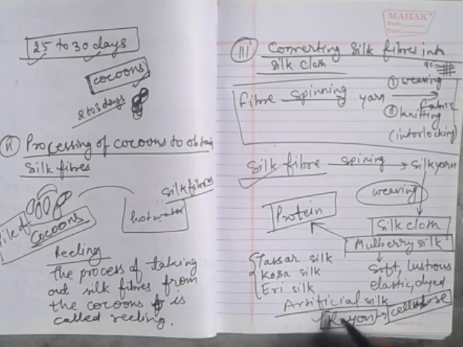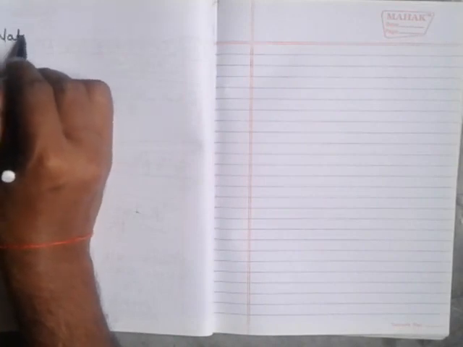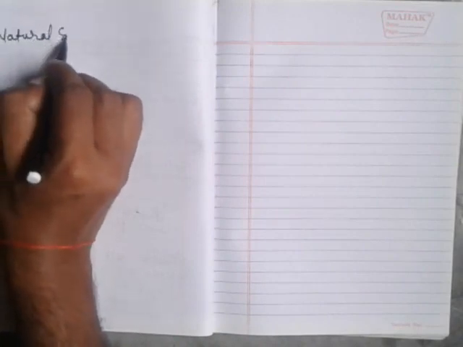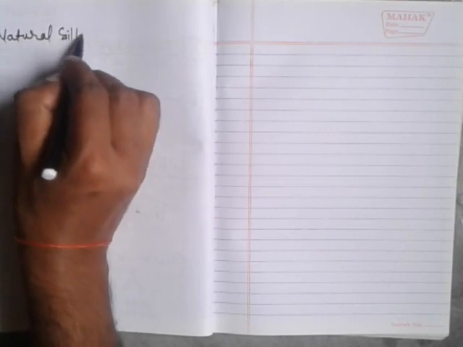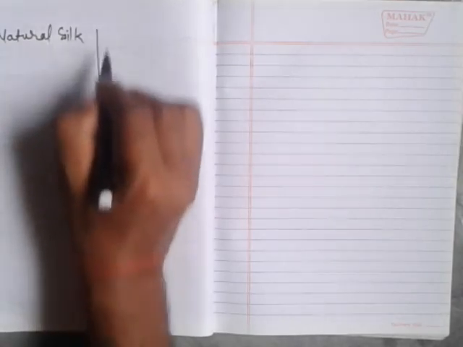That's why it is called artificial silk. So how can we distinguish between a natural silk and an artificial silk?